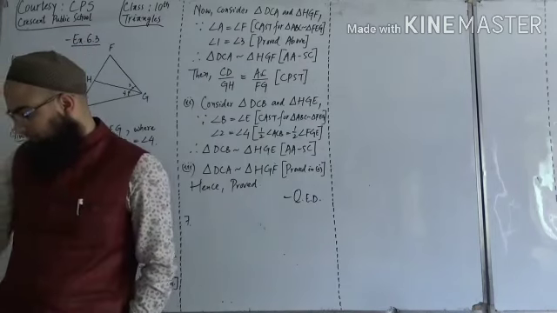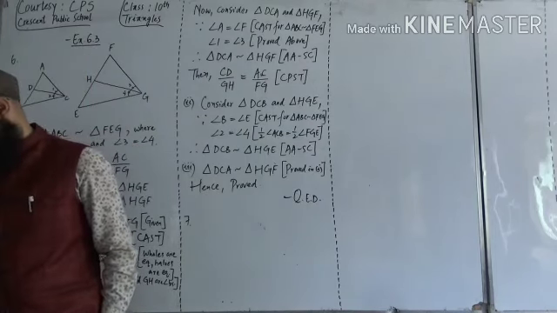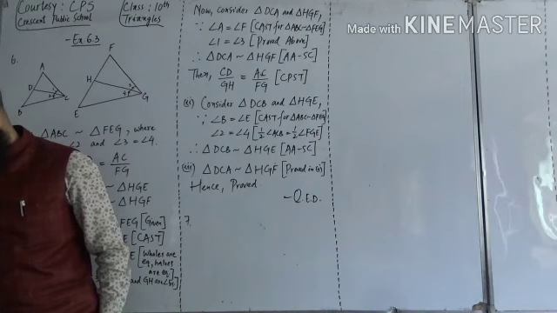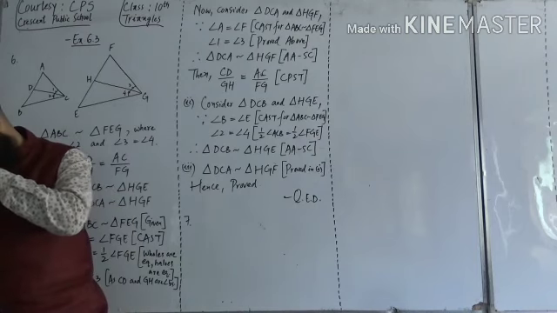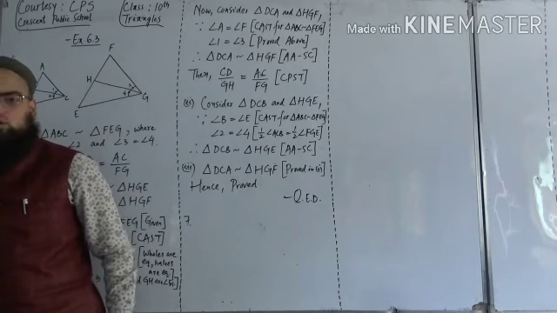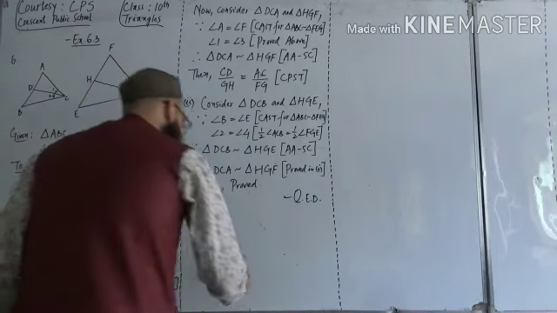Seventh question. Sides AB and AC and median AD of triangle ABC are respectively proportional to the sides PQ and PR and median PM of another triangle. Show that triangle ABC is similar to triangle PQR. So you have two triangles.